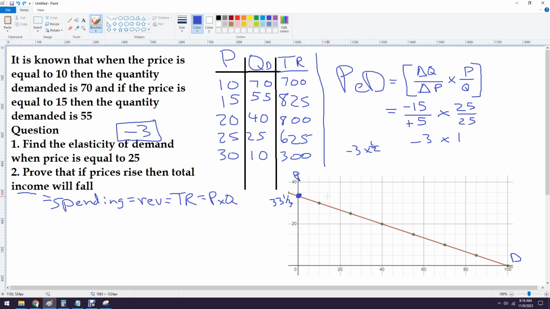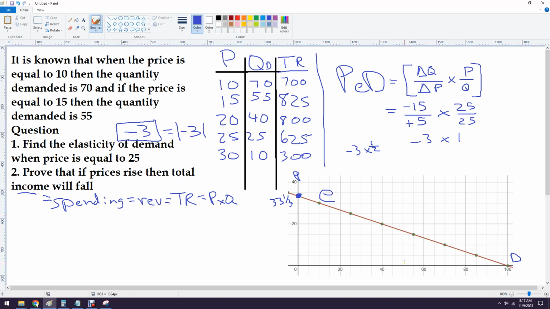In the elastic range, which is on the top part of that demand function, by raising our price, our income will fall. You could also just say that we know elasticity of demand, which could be written like this in absolute terms. These are the same thing, depending on how your instructor wants that to be written. Since you're in the elastic range, by increasing the price, revenue will fall, income will fall.